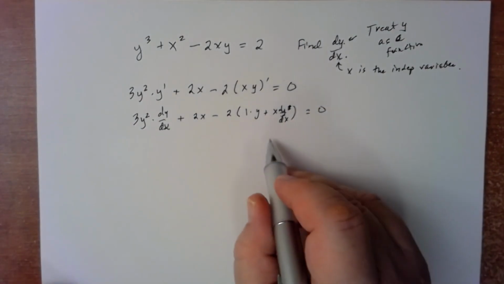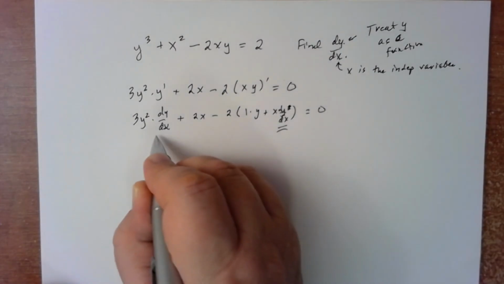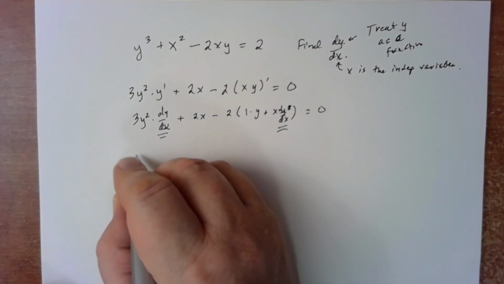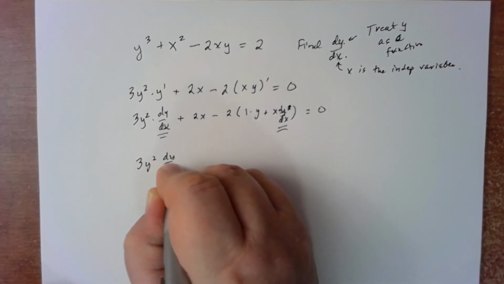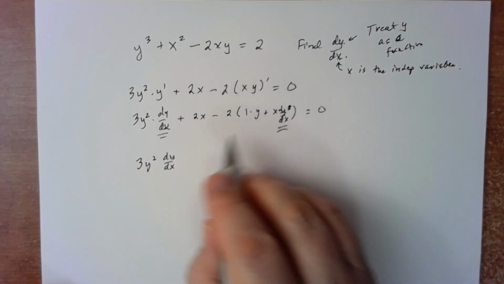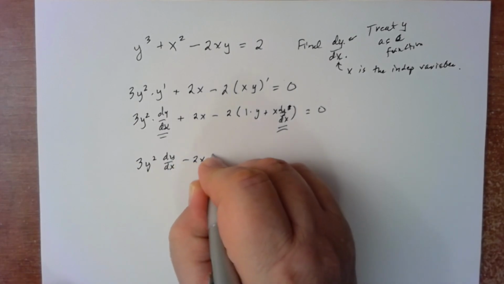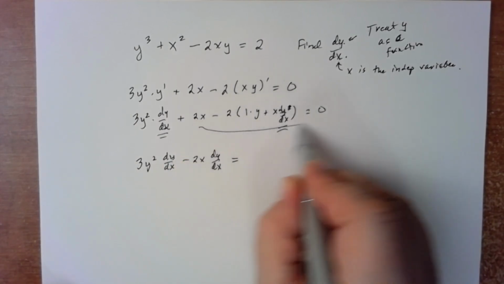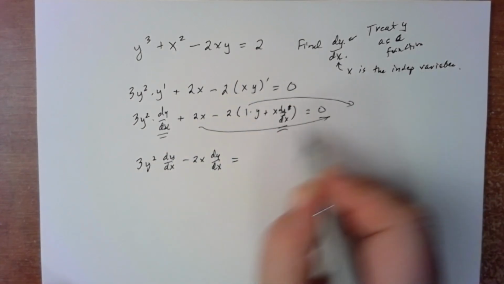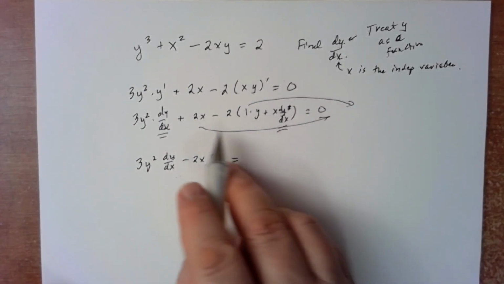Okay, so now can we solve for dy over dx? We've got two of those terms, so let's go ahead and write those together. 3y squared dy over dx, and then minus 2x times dy over dx equals, I'm going to bring this other term over to the other side because I want to solve eventually for dy over dx.